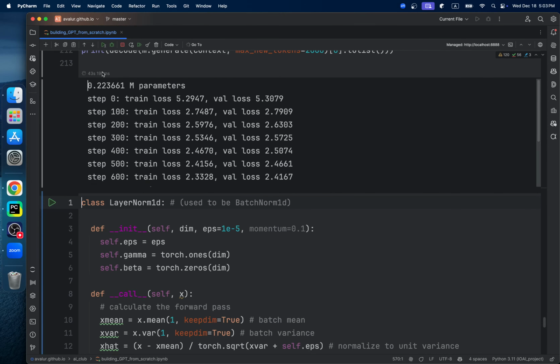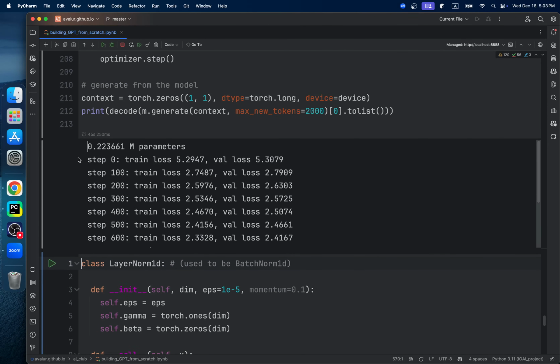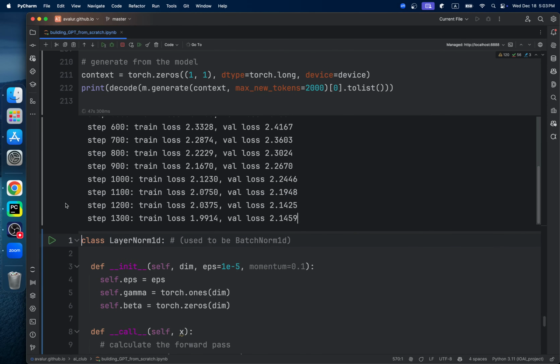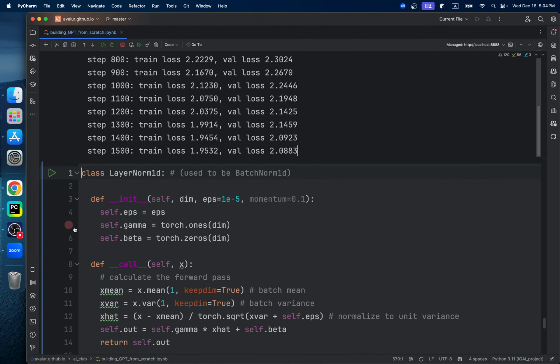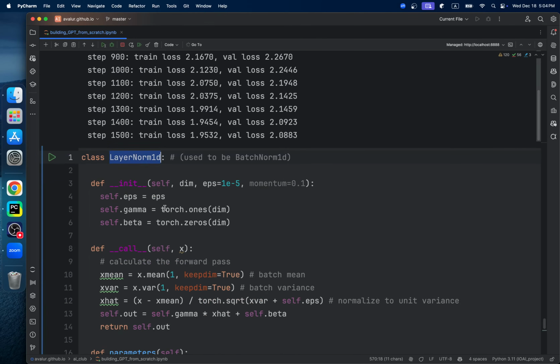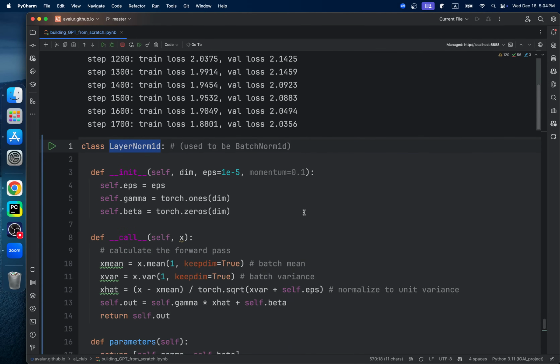And in 1 minute we will have results from the model. So let's wait a little bit, and we can discuss layer normalization code during the training process.